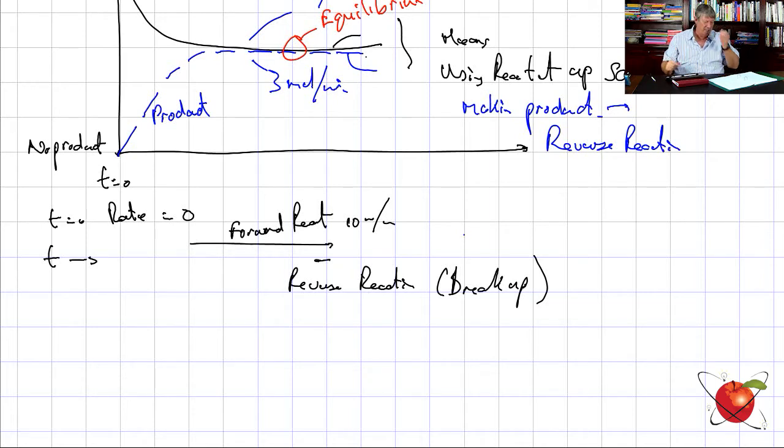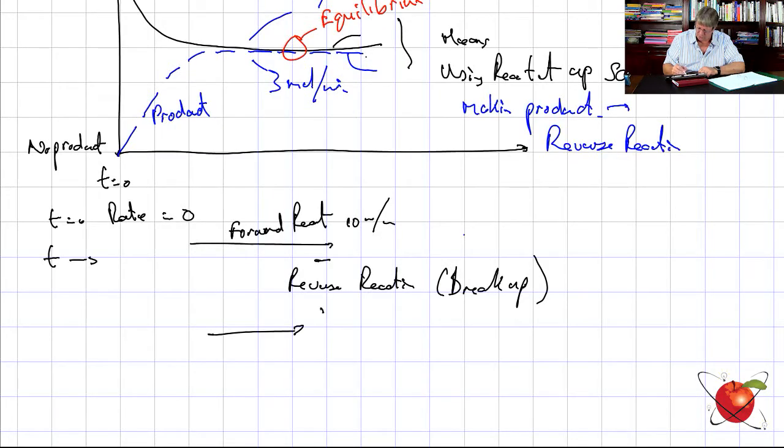So in the beginning, I haven't got many ammonia. Or let's take our steam. I haven't got many steam molecules, so I'm making them fast. But at some point, my steam molecules start to condense, and then I get to an equilibrium situation.